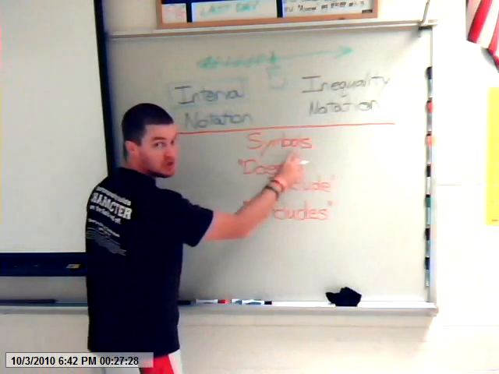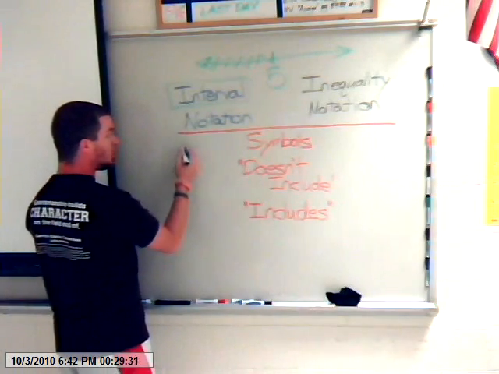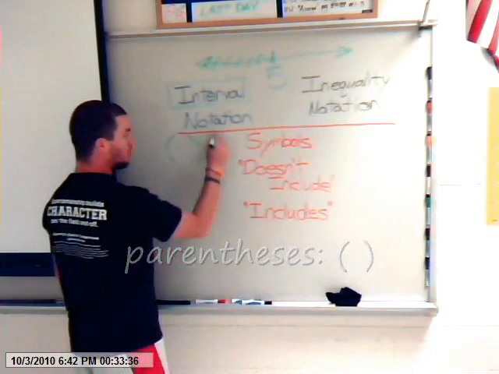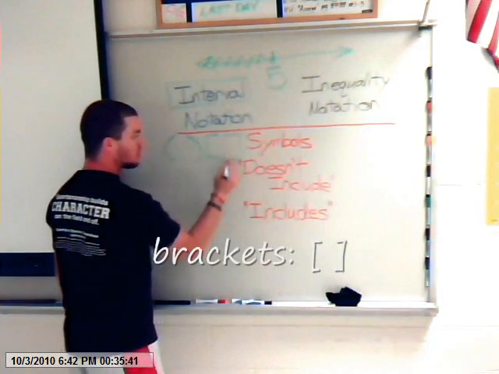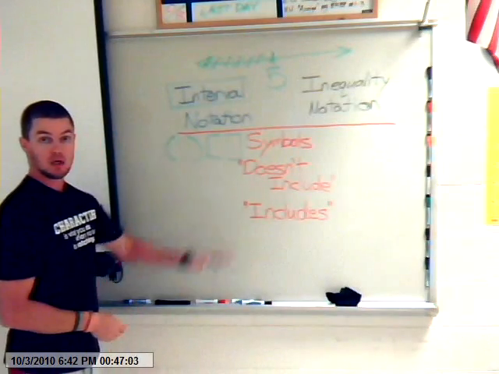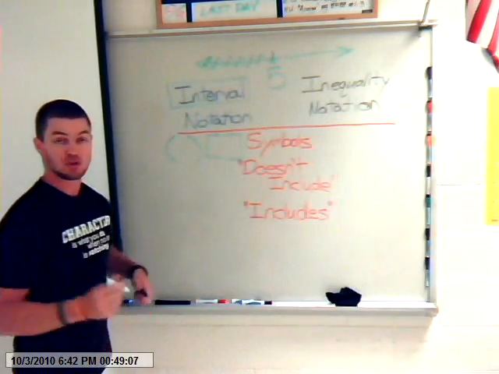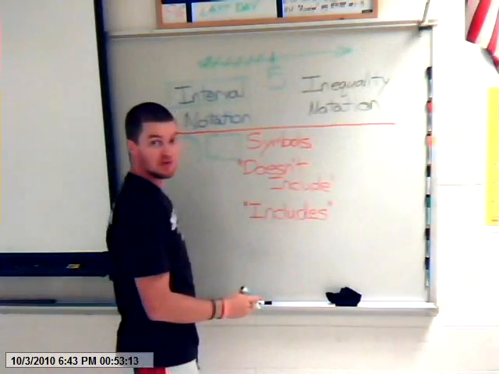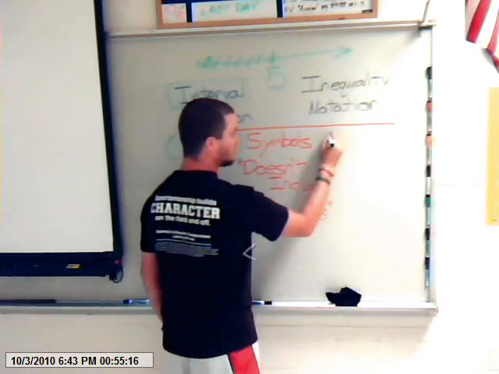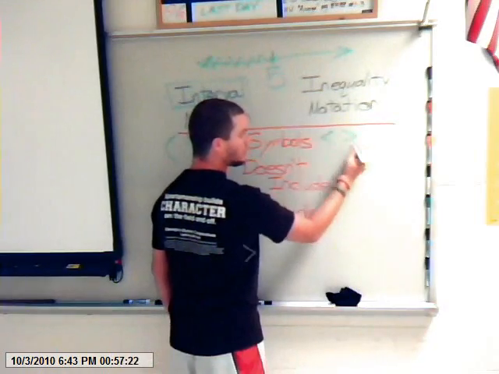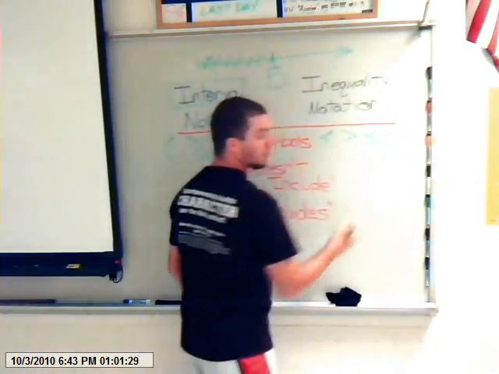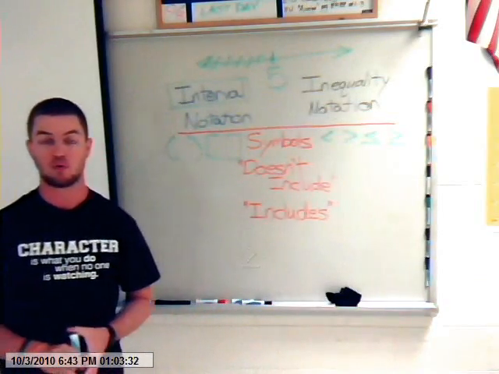The symbols that you're going to see in interval notation are either going to be parentheses or brackets or some combination of the two. Now with inequality notation, what you're dealing with instead, stands to reason, are inequality symbols. So things along the lines of less than, greater than, less than or equal to, and greater than or equal to. One of those 4 symbols.